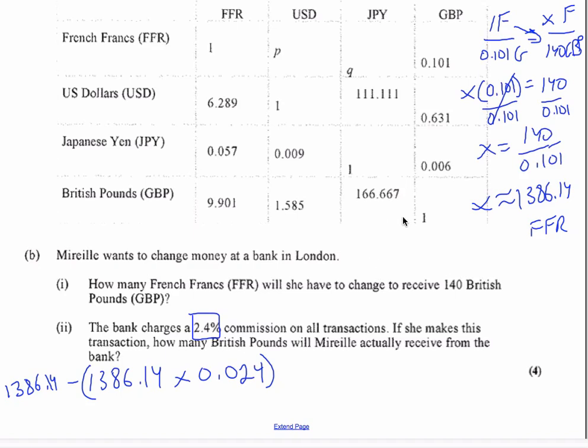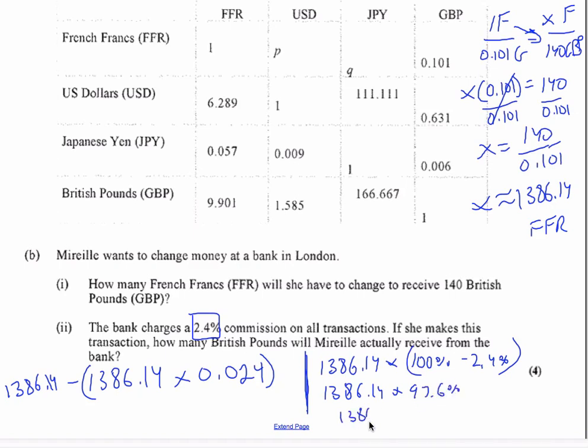Alright, another way to do that, alternatively, to do it in one step, we could take 1386.14 and multiply it by 100% minus 2.4%. So that's going to be 1386.14 times 97.6%, or 1386.14 times 0.976.